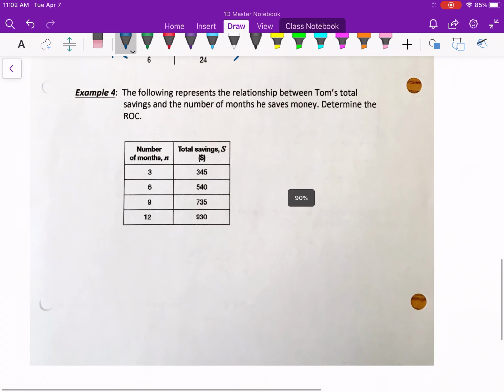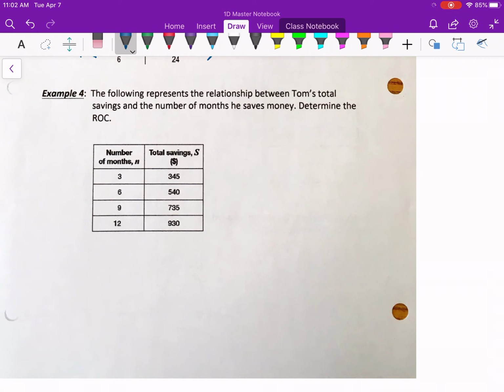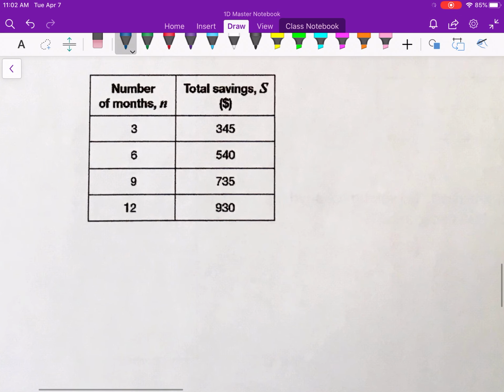And the last example, the following represents the relation between Tom's total savings and the number of months he saves money. Determine the rate of change. Okay, no problem, delta x. As you can see, at quick glance, once you know what to look for, it tells us that we're going up by 3 each time.